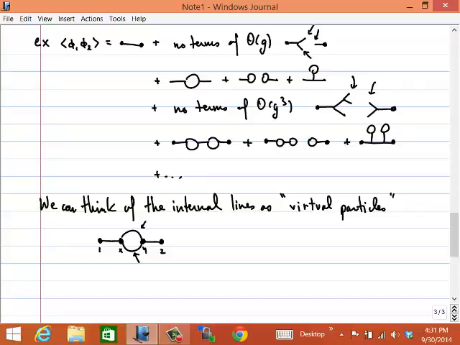Okay, so that's the story that you tell yourself when you draw a Feynman diagram. And the reason why we sum over all possible Feynman diagrams is because in quantum mechanics, everything that is not forbidden is compulsory. A system will travel on all possible paths through configuration space between its initial and final endpoints.